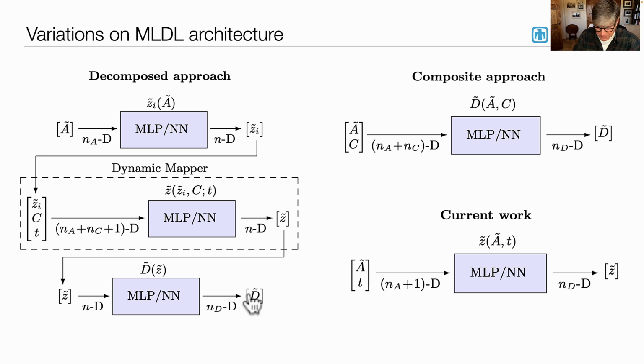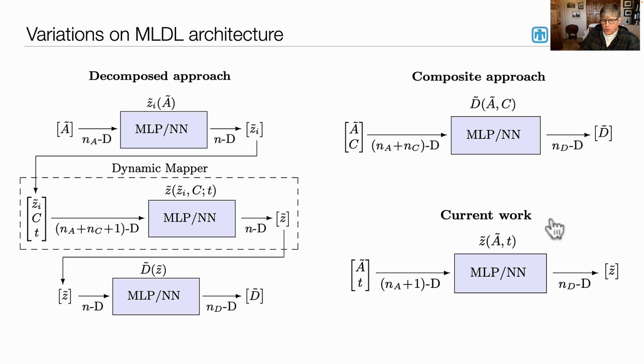You also can do this all at once, forming one surrogate that takes the initial conditions and coupling constants to the diagnostics. Here I've indicated the input and output dimensions of all these MLPs.